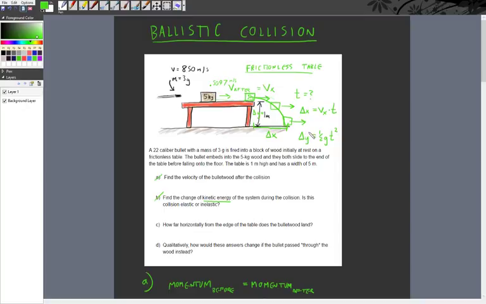In this case, our height is known, g is known, we're trying to find t. So all we have to do is rewrite this equation to solve for t. And if you do that, you find the time is the square root of 2 delta y over g, where g is a positive 9.81.